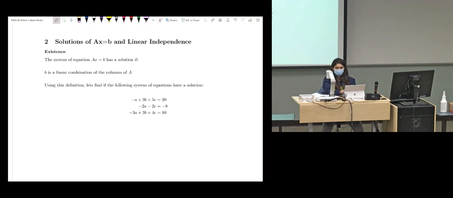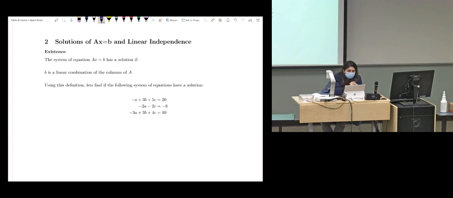We'll first check if a solution exists. And then if a solution exists, what is the condition with which we can say that the solution is unique? So from our theory, we know that a system of equations, AX equals B, has a solution if B is a linear combination of the columns of A.